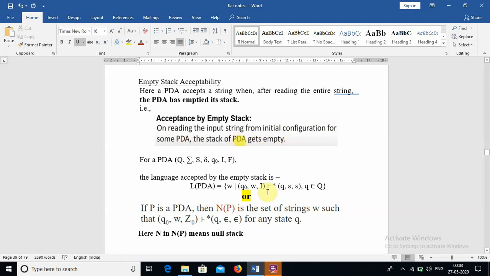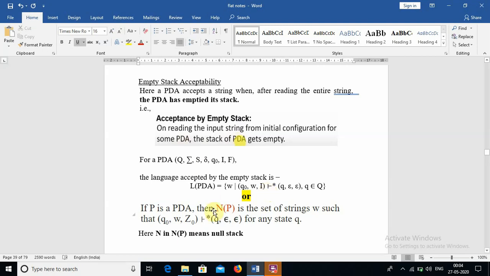So whenever the consumption of the input string is completed, if you look at the stack, there is nothing in the stack. In the previous case, there may or may not be variables in the stack, that is not an issue. We have to reach the final state, but here we have to consider the stack. So there is nothing in the stack after consuming the entire string.